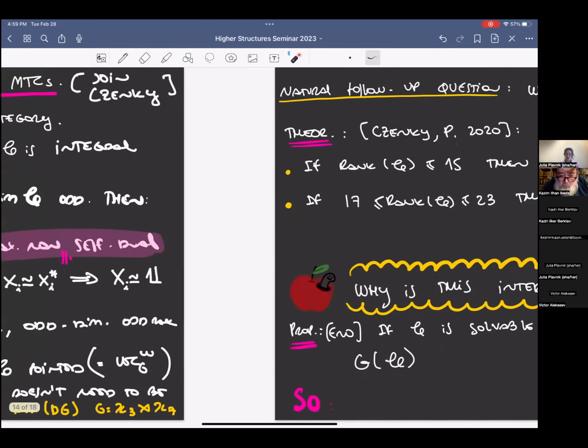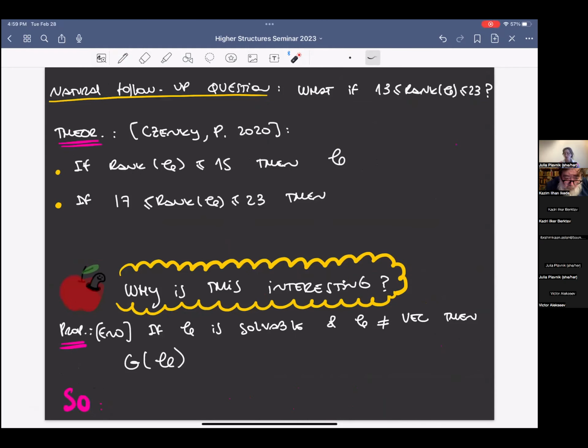So the natural follow-up question is, what happens if I have something in between? Up to 11, it's pointed. At 25, it doesn't need to be pointed. But what in the middle? The current conjecture is that all these are pointed.